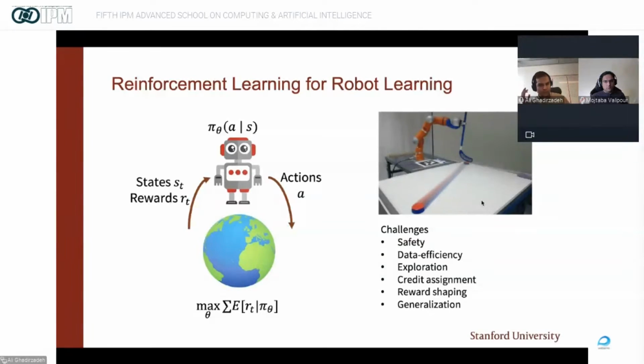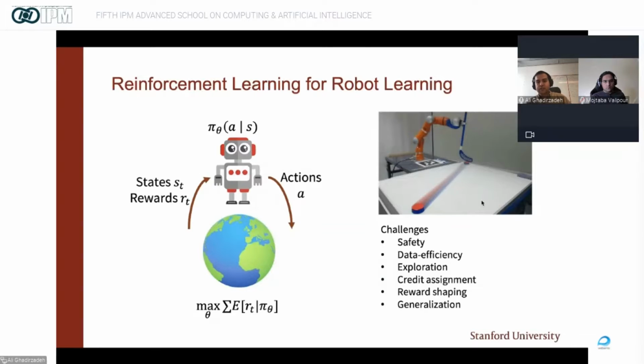If you leave the robot for even 10 seconds, it will destroy itself or the environment. It's quite dangerous, and that's the end of reinforcement learning for that robot. So the most important thing here is that safety is a big issue when you want to apply reinforcement learning on robotics, which was not a problem for the other examples I just mentioned.